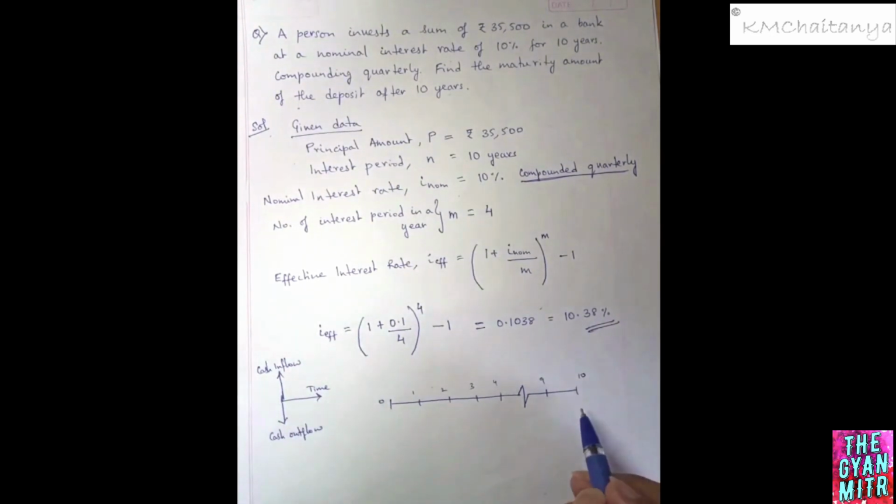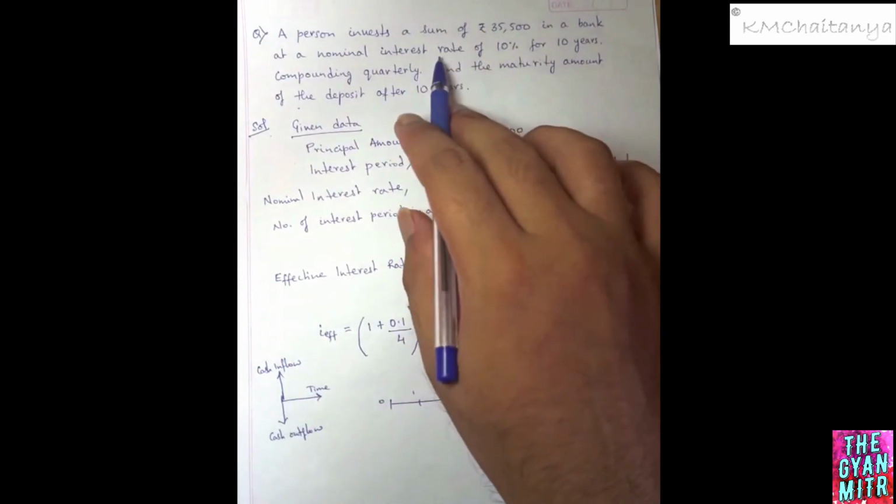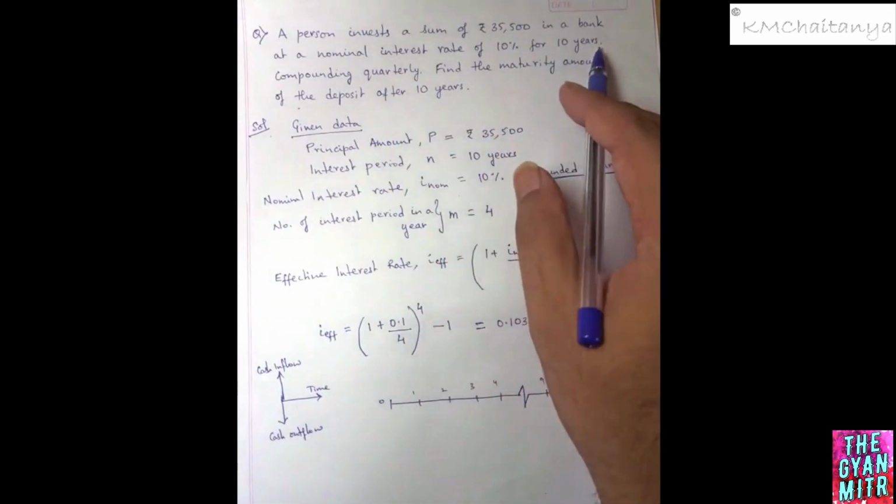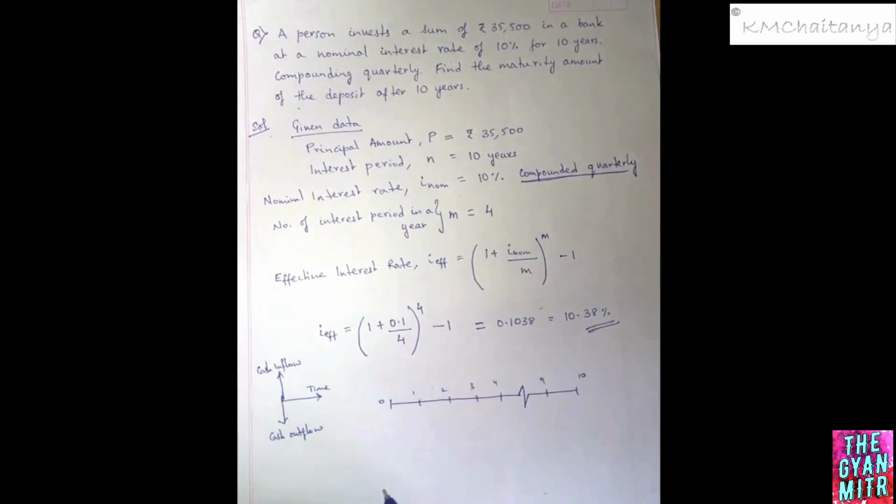Okay. Now the person is investing a sum of 35,500 in a bank. So from the person's account, the money is being transferred to the bank account, that is the cash outflow. So at time t equal to 0, he is investing, that is the value of P, which is rupees 35,500.